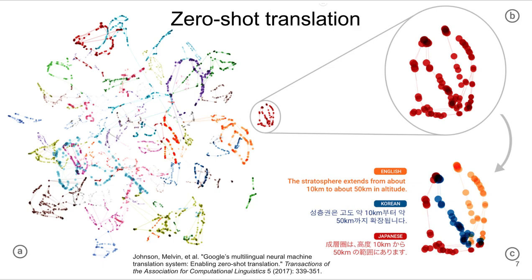As we zoom in, we'll recolor code that with the different languages. And we see that this system that was trained on English and Korean and English and Japanese parallel data is able to cluster sentences with similar meaning of all three languages. Hence, this sort of illustrates that it is able to do zero-shot translation between Korean and Japanese.